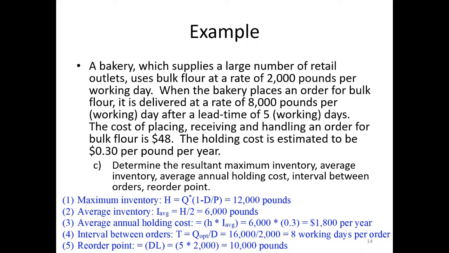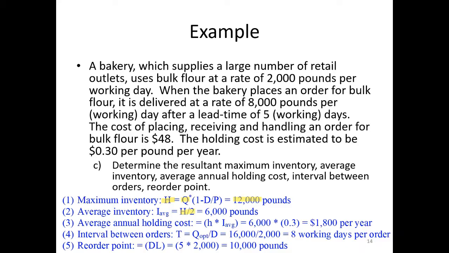Now, the last requirement asks for several values. First, determine the resultant maximum inventory level. Maximum inventory level is H, which is simply Q star in our case, times 1 minus D over P, which in this case will be 12,000 pounds. The average inventory level in this case is simply H divided by 2.